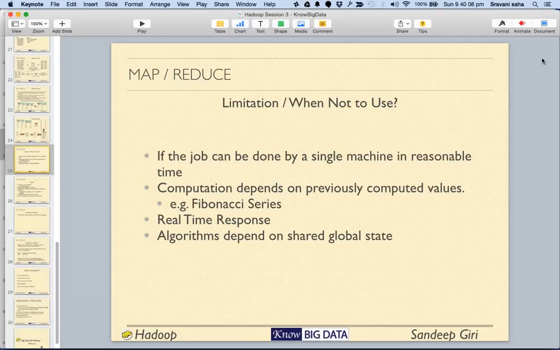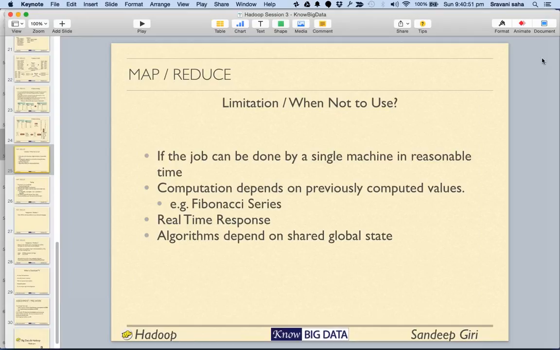If you are able to get your work done using a single machine happily and you do not foresee that your data is going to increase tremendously in the next 10 years, then there is no point in getting it done through Hadoop. Because if your work is getting done in reasonable time, it is going to get slowed down if you get it done through Hadoop. It's only in the cases where your work is not done in a reasonable time that Hadoop solves your problem.